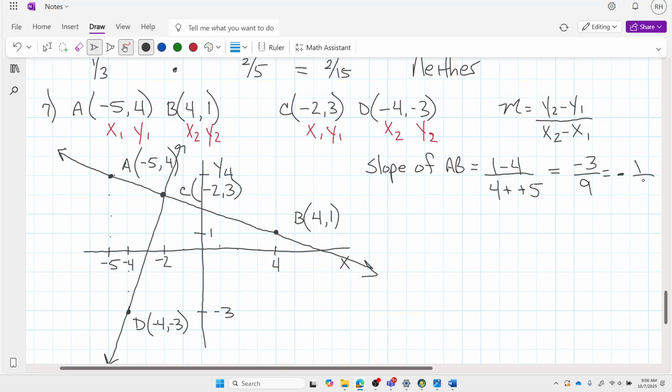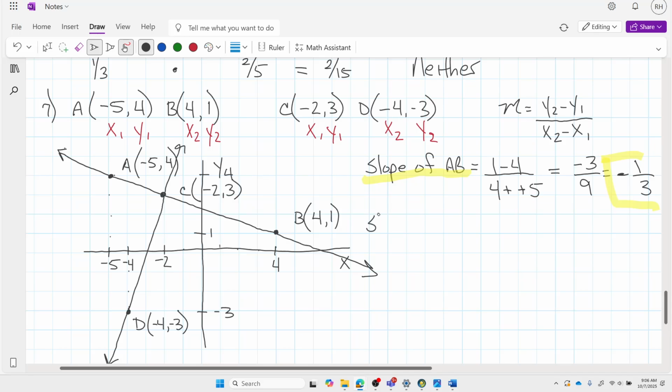Negative 1 over 3. So the slope of line AB, the slope of AB is negative 1/3. Agreed? Okay.